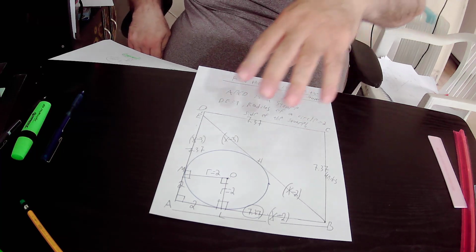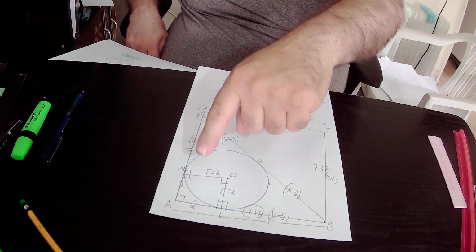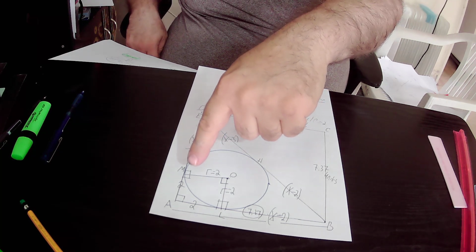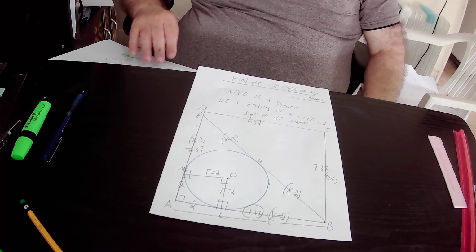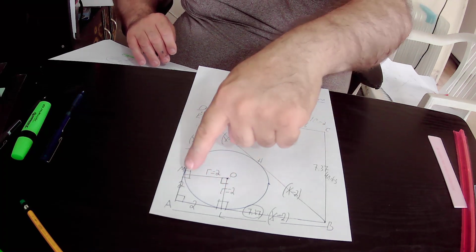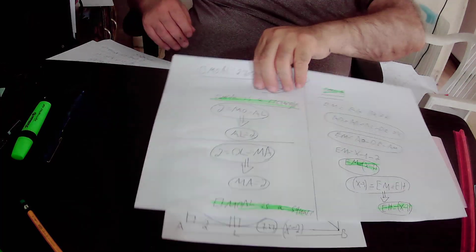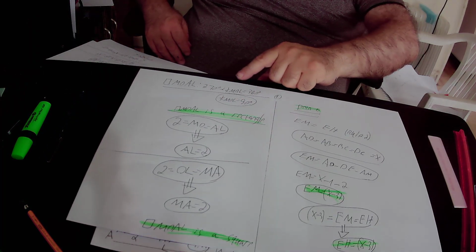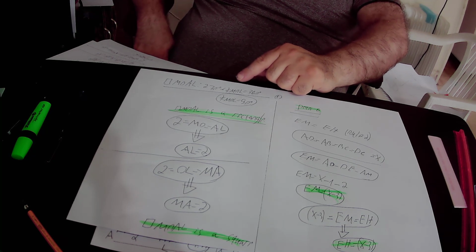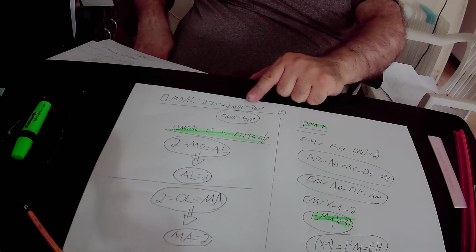And we know that ABCD is a square, and all the angles inside the square are right angles. That is to say, angle DAB equals 90 degrees. So inside quadrilateral MOAL, we have 1, 2, 3 right angles. And the sum of 3 right angles is 90 times 3, which is 270 degrees, plus the size of the fourth angle, that is angle MOL.